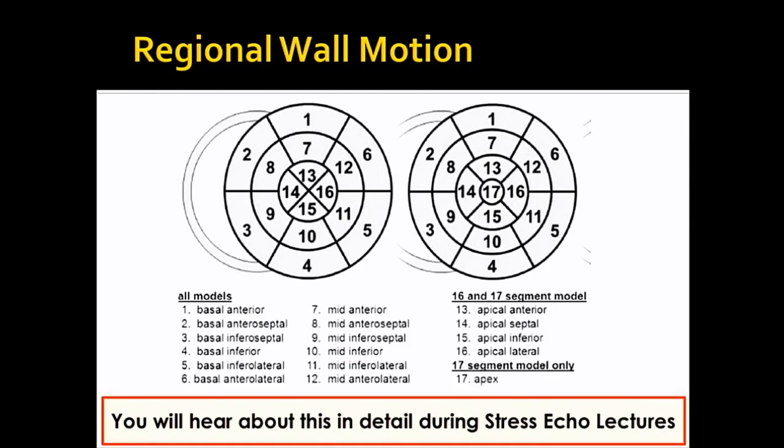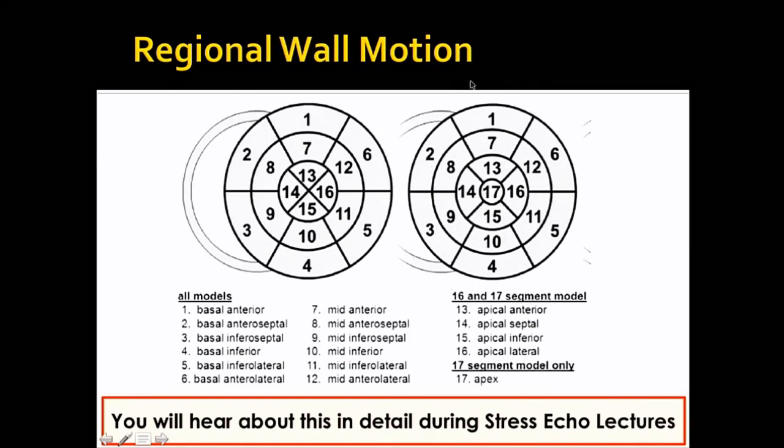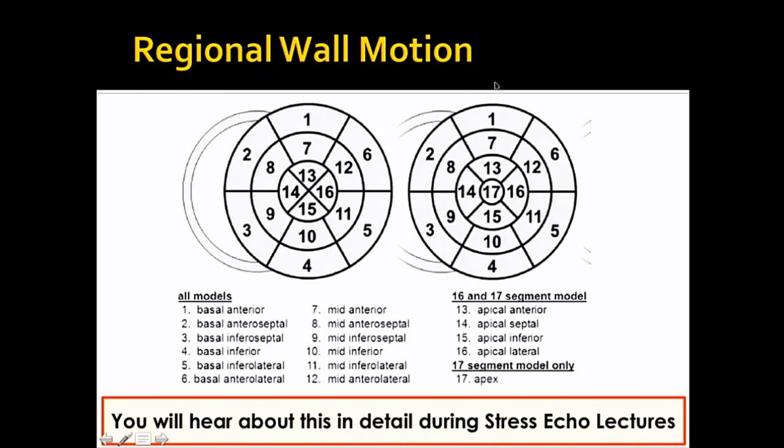Dr. Patil has already touched on this, and so this is just a quick review. Regional wall motion is typically, in most labs, discussed on a 17-segment model, which is the model that I'm circling on the right side of this slide.